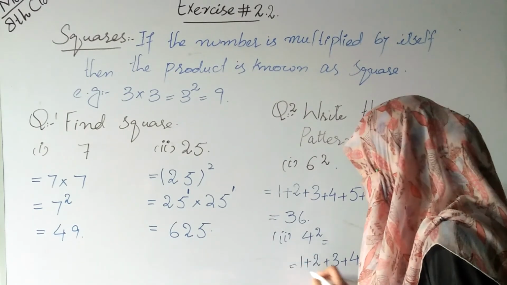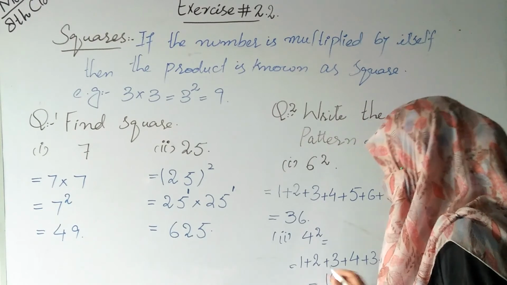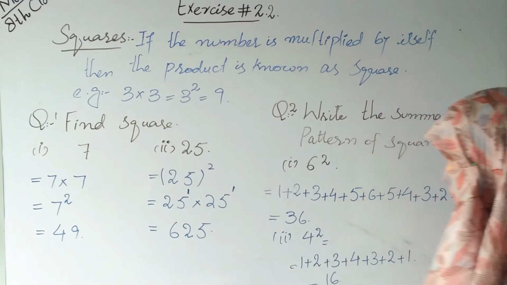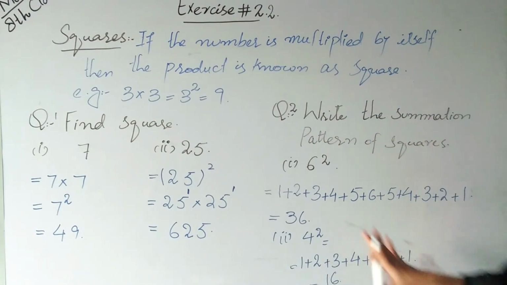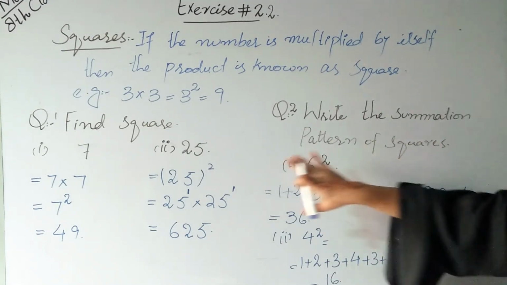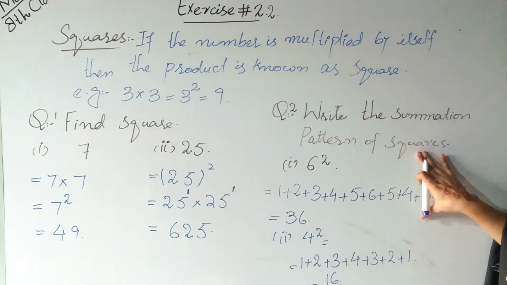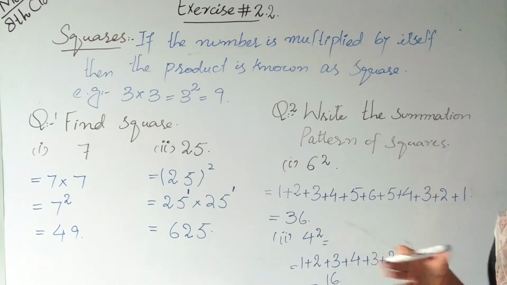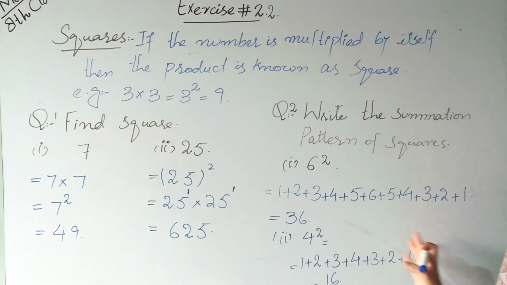So the sum is 16, which is the square of 4. These are the methods we are using in exercise 2.2. The remaining questions you have to do yourself.